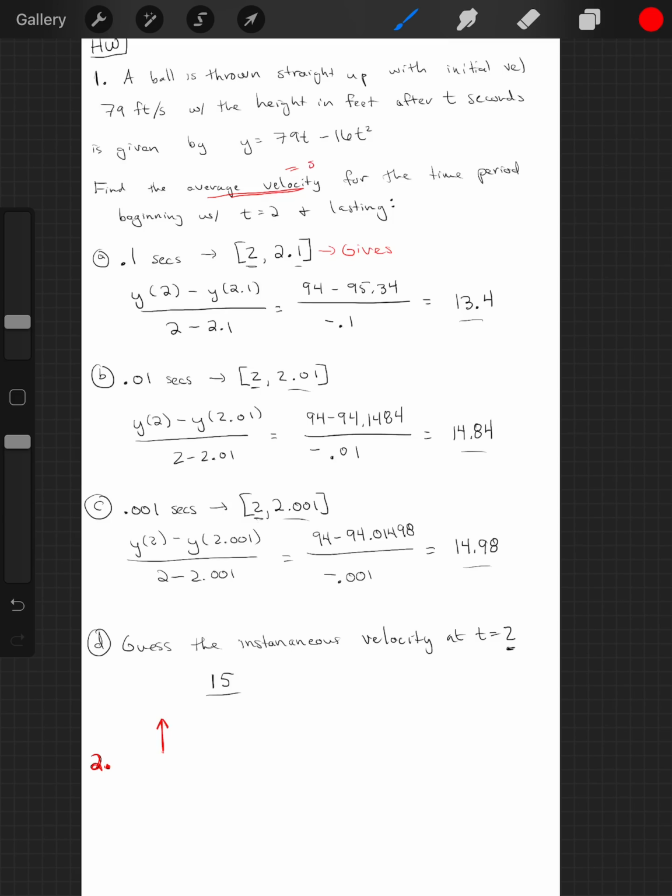This average velocity is the slope of the secant line. That's just in the particular case of problem 1, the slope of the secant line tells you the average velocity. But what you're actually finding is the slope of the secant line. So in problem 2, when it asks you to find the slope of the secant line, you're going to use this exact same formula.